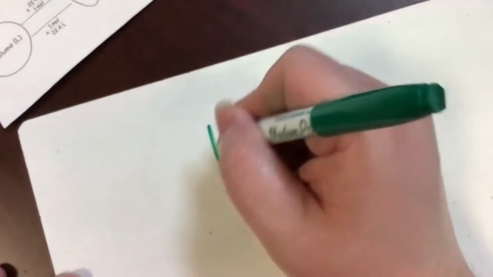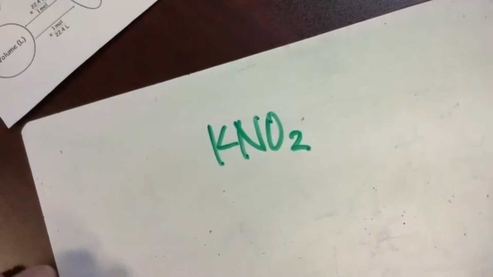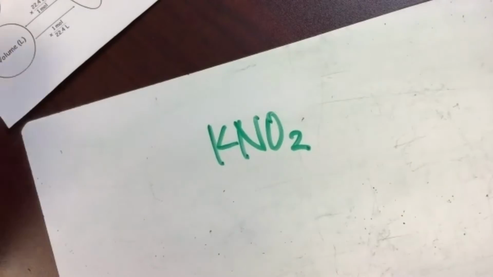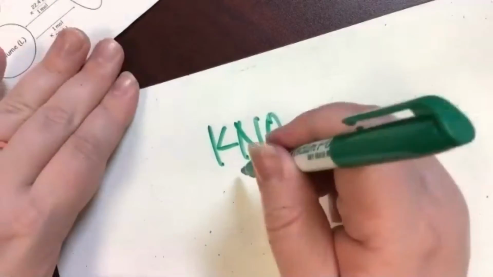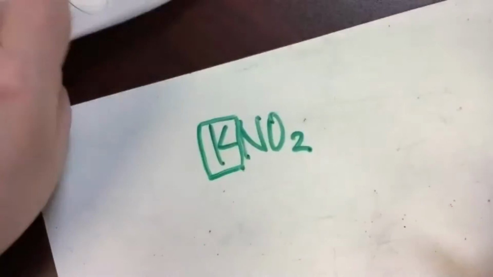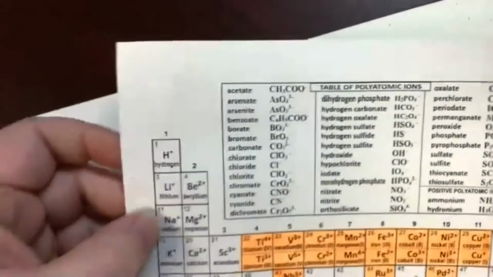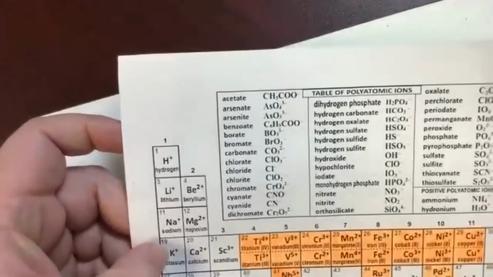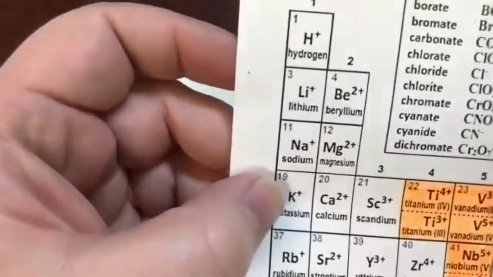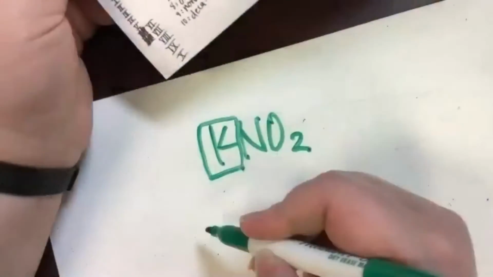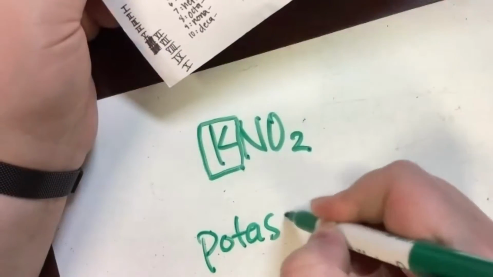21. So we're given the formula and we now have to find the name. 21 says KNO2. K is the first term. I'm going to find this on the periodic table. K plus is called potassium, so I'm going to write down potassium.